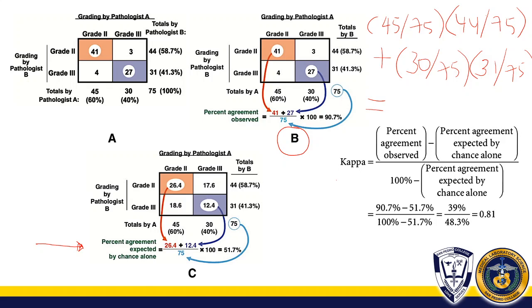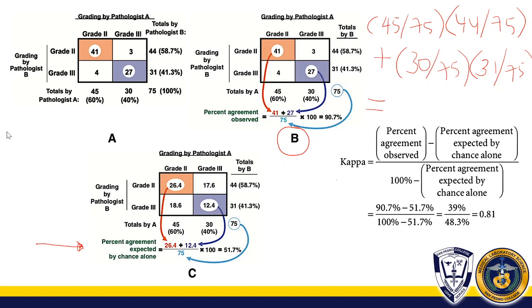I will compute this manually so we do not make mistakes. If you compute, times 100, since we are getting a percent. Remember this is plus, and we get the same answer of 51.7.